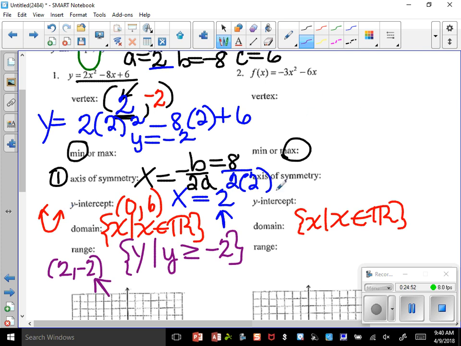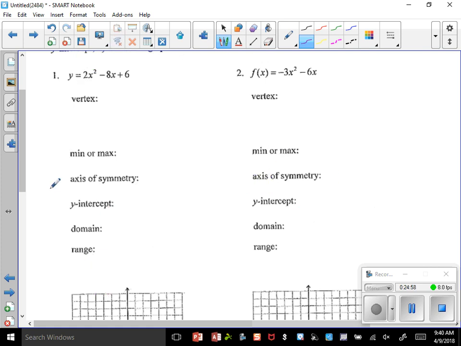All right, let's go over here and do the axis of symmetry. I'm going to erase some of this. The axis of symmetry, x equals the opposite of b over 2a. What is the opposite of my b term? Positive 6, divided by 2 times the a term.